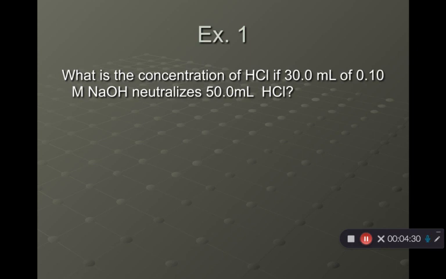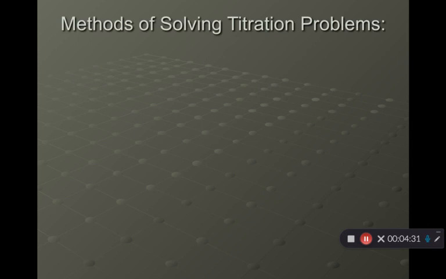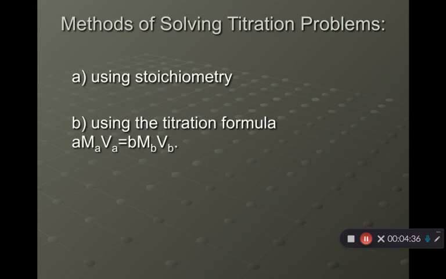You plug in the 50 on the acid side. And again, the a and the b are just 1 and 1 because you have one H and one OH. And then you're going to solve for the MA. The molarity of the acid becomes the X.